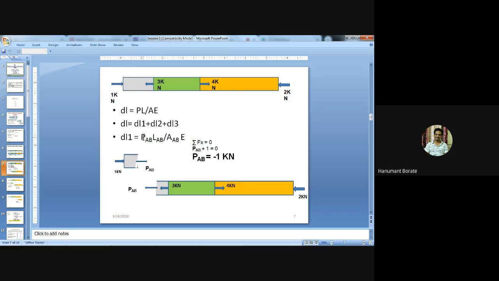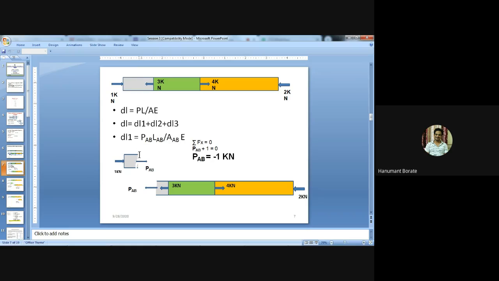I have written the formula in terms of the member: force in member AB, length of member AB, divided by area of member AB into Young's modulus. Okay. Now to find the internal force, we need to break the system, because this is the external force. To find the force in member AB, we need to break the system.